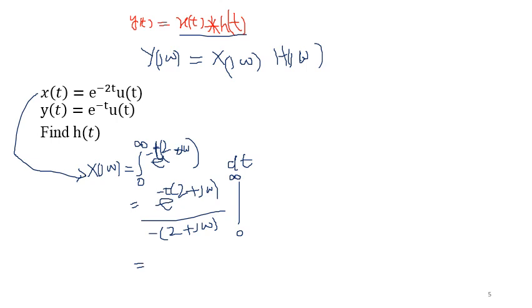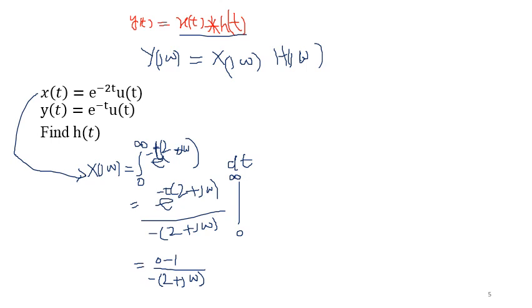With the upper limit, the whole thing becomes e to the power minus infinity, which is 0. With the lower limit 0, e to the power 0 is 1, so you get 0 minus 1, divided by minus (2 plus j omega).